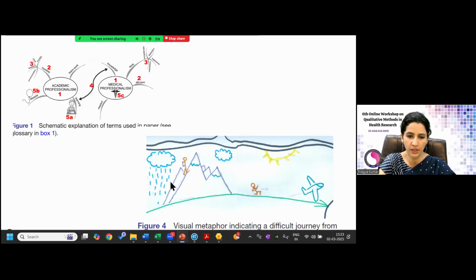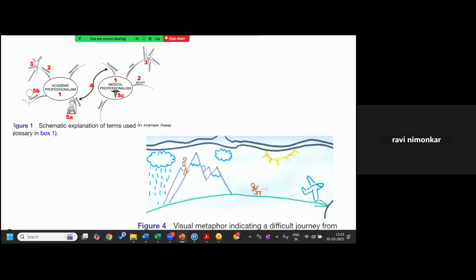What can you see from this diagram? I always ask this in all the workshops. Initially it's a climb, then you fall, and maybe you even missed the flight; maybe the flight has taken off. That could be the interpretation.